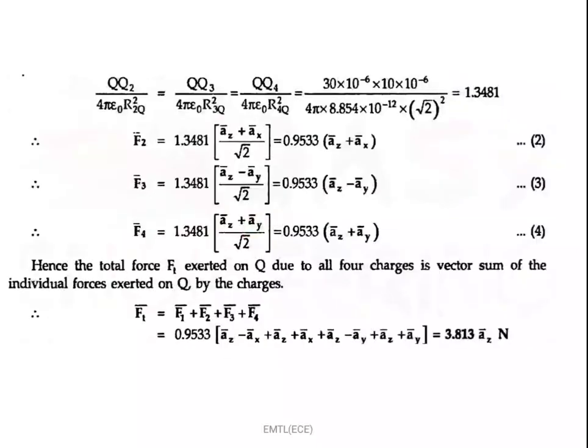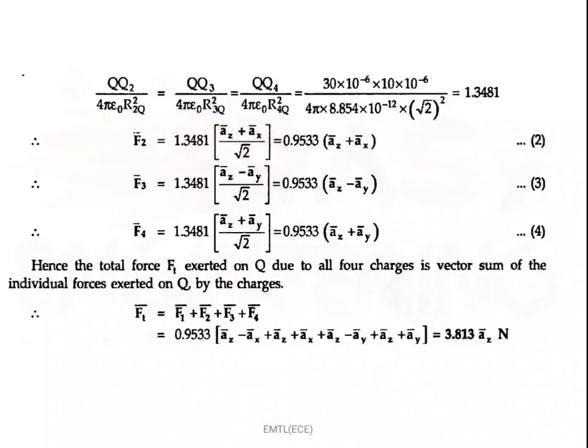Similarly, we have to find the force on Q due to Q2, represented by F2, and this value is equal to, the remaining constants are all the same, but only the vector changes. That Q2 vector is Az bar plus Ax bar.